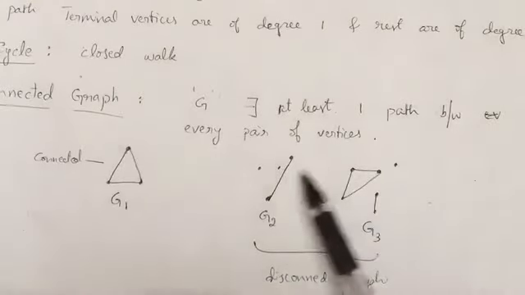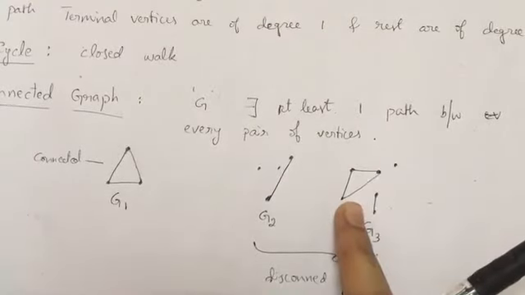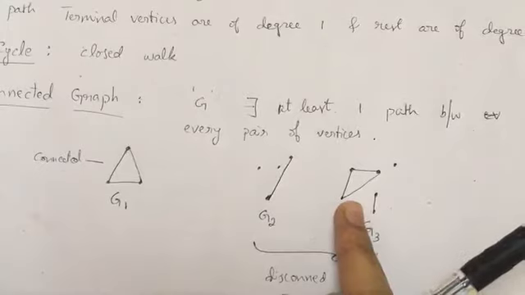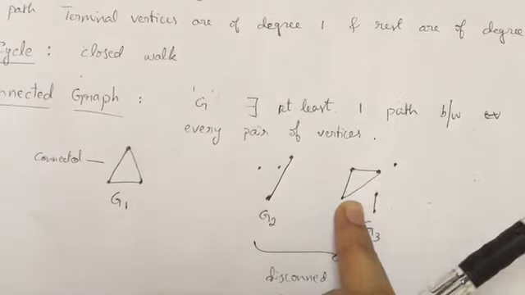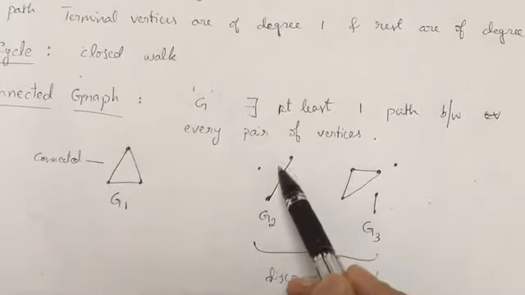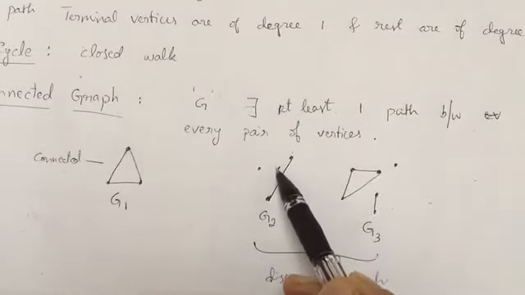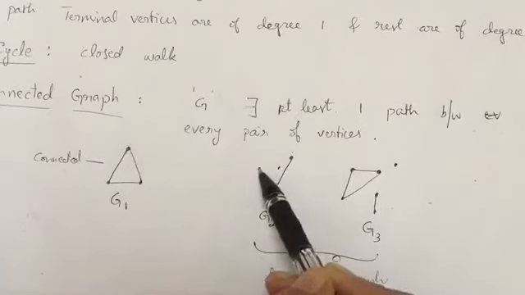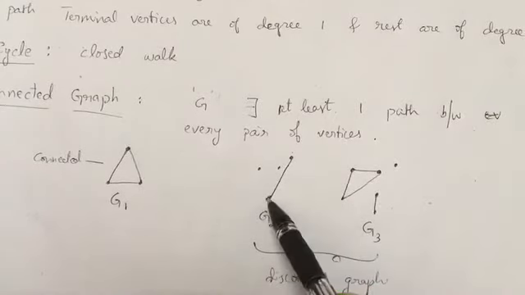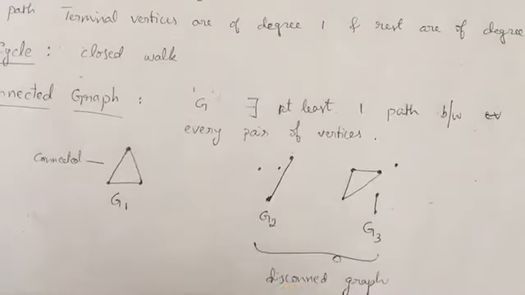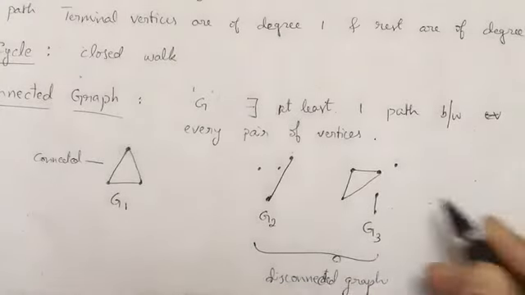And see, when I consider a disconnected graph, I can take this connected part and this one isolated vertex. They are nothing but the components of a disconnected graph.